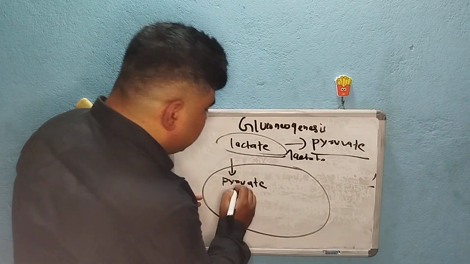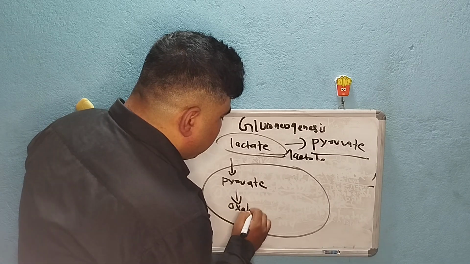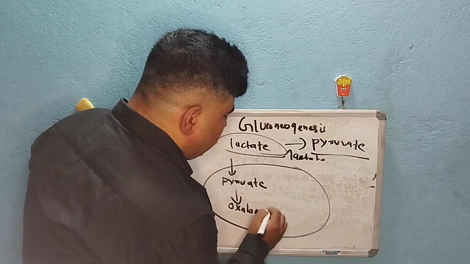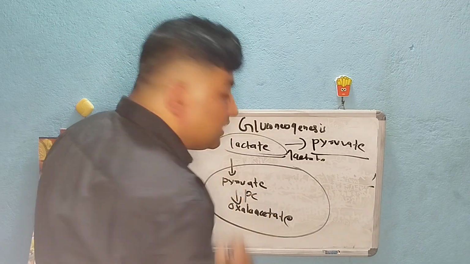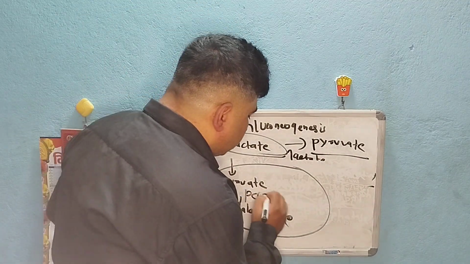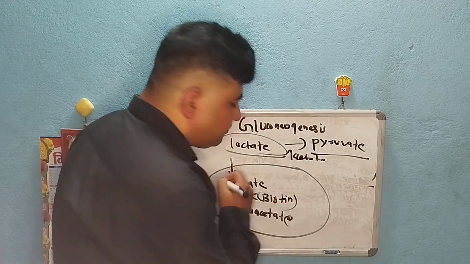This pyruvate is converted into oxaloacetate by the enzyme pyruvate carboxylase, which requires biotin as a coenzyme.